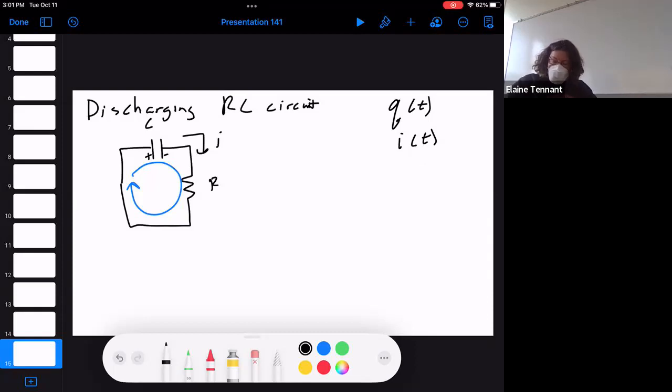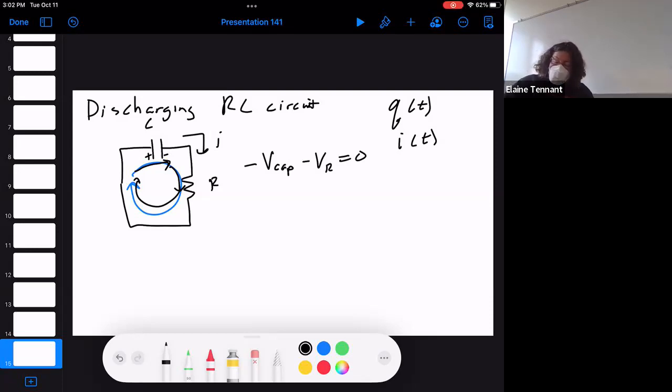When I go across my capacitor, if I'm going from positive to negative, I'll have a negative voltage across my capacitor. If I'm going through my resistor with the current, negative voltage across there. And that'll take me all the way around. There's not much else. Adds up to 0. Okay, is that all right?